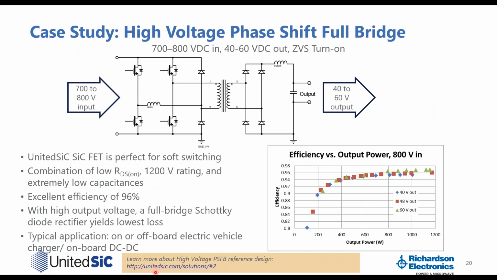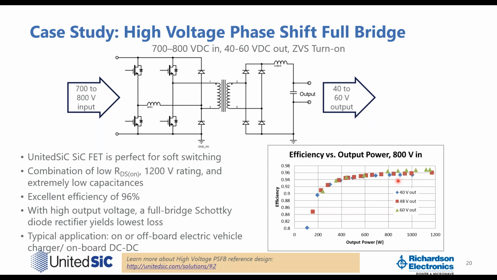Okay, so the second case study I would like to show is a high voltage phase shift full bridge. This circuit is 700 to 800 volt DC input, 40 to 60 volt DC output, and it's a soft switching circuit with a ZVS turn on. So here, it really showcases that the UnitedSiC silicon carbide FET is perfect for soft switching applications. You can see from the efficiency versus output curve, the efficiency is really good, up to 96 to 97%.